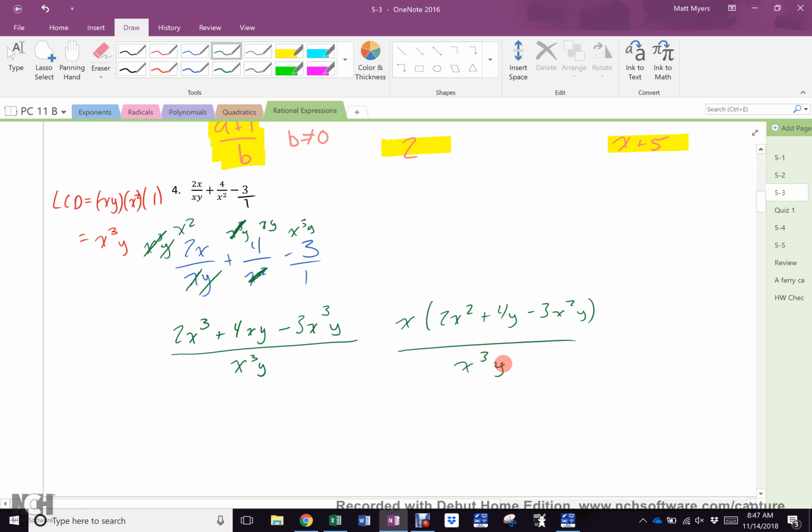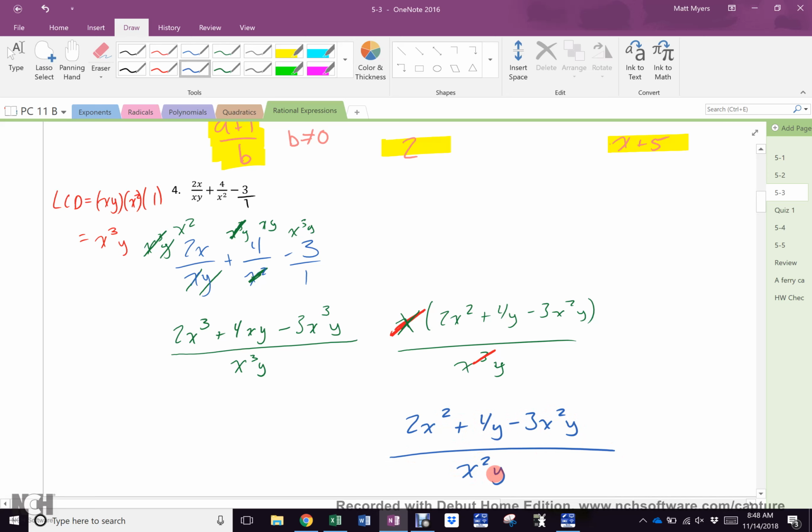Is there any more canceling to do? That x can go, yes? So what's my final answer? 2x squared plus 4y minus 3x squared y over x squared y.